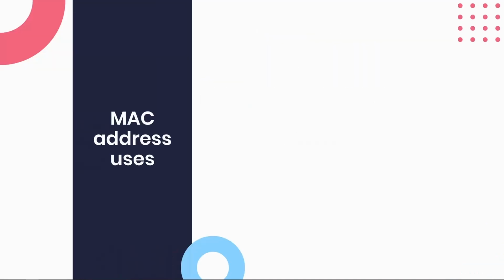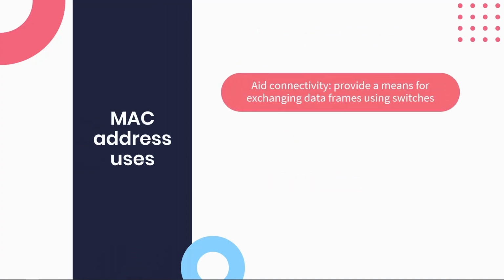Now, there are several uses of MAC addresses. 2 very important uses are that they aid connectivity. Do you recall us learning that switches are network devices with the ability to transmit data within the same subnet? This is done by using MAC addresses. In the OSI model, the data link layer comprises 2 sublayers, which are MAC, Media Access Control, and the LLC, Logical Link Control.